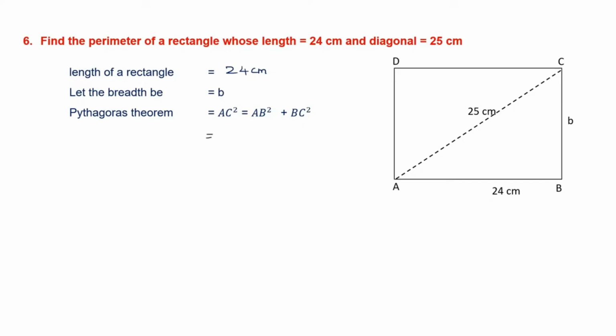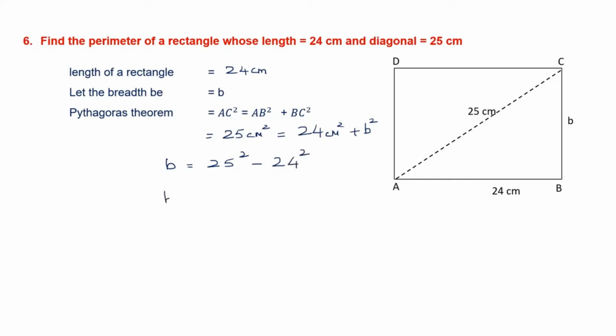AC is the diagonal which is 25 centimeters. So 25 square is equal to, how much is AB? AB is 24 square plus B square. Now we need to find the value of B, isn't it? So B square will be equal to 25 square minus 24 square.